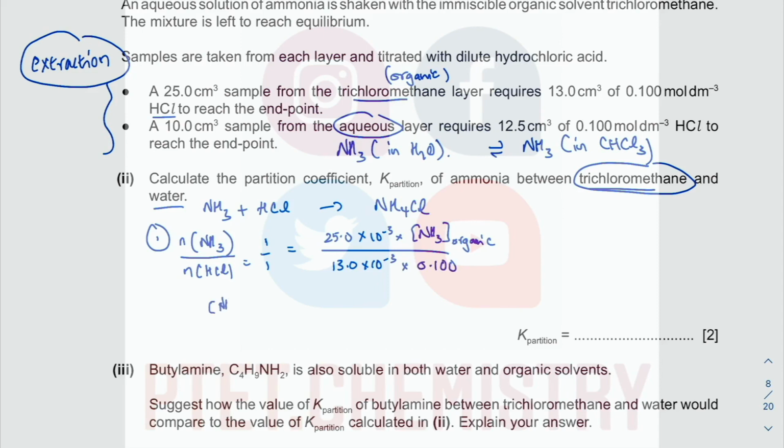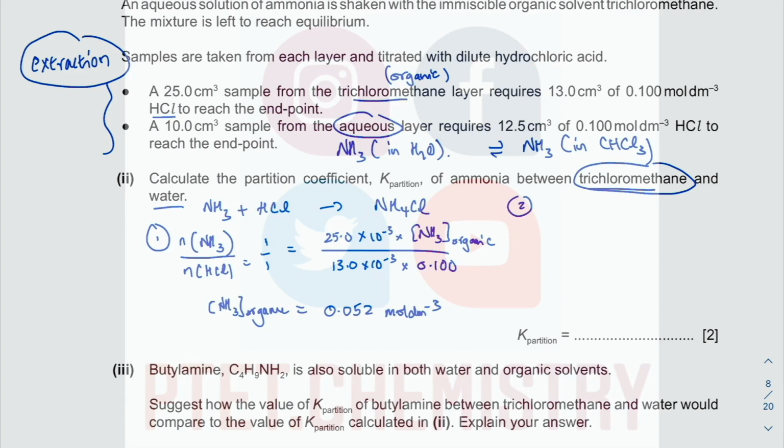So for NH3 organic, all of these move up there and this one moves down there. So 13.0 times 10 to the minus 3 times 0.1 divided by 25 times 10 to the minus 3, you will get 0.052. That is the concentration of NH3 in the organic layer.